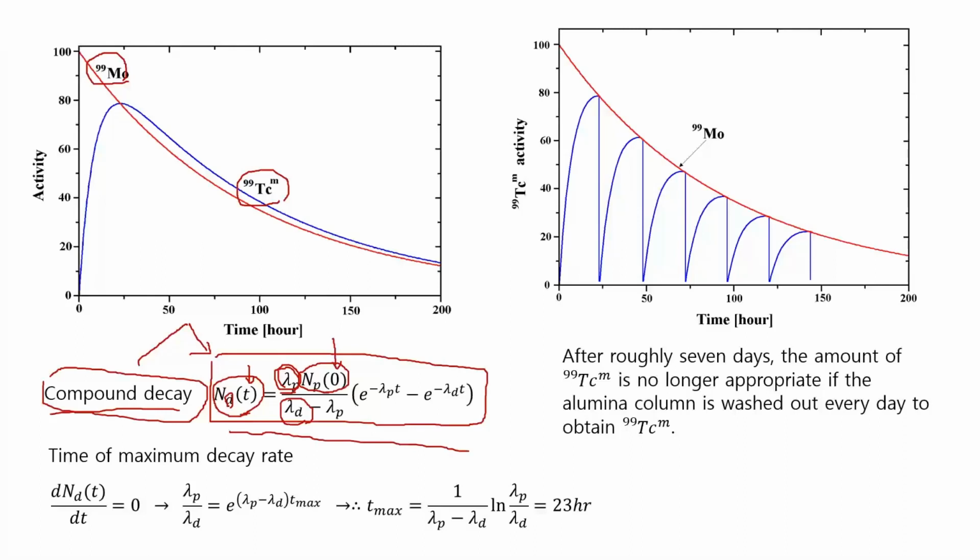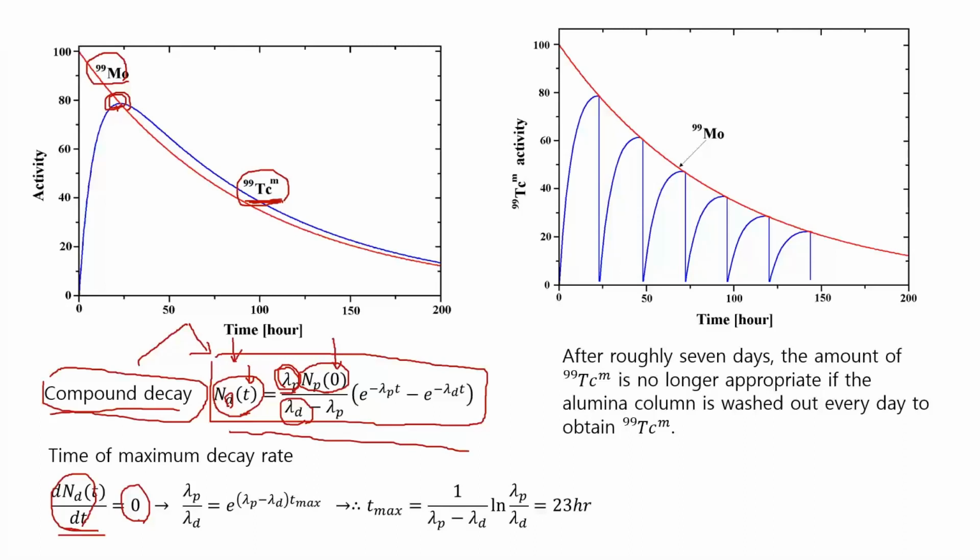So we can obtain the time at which the production of Tc-99m becomes maximum, by taking the derivative of this number of daughter nuclides with respect to time and setting this derivative to 0.